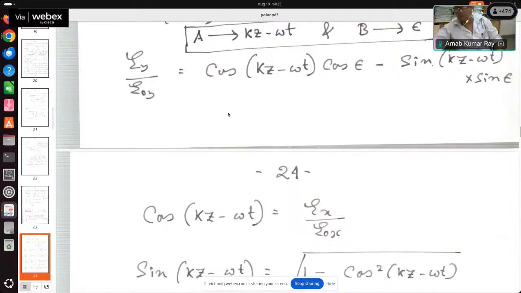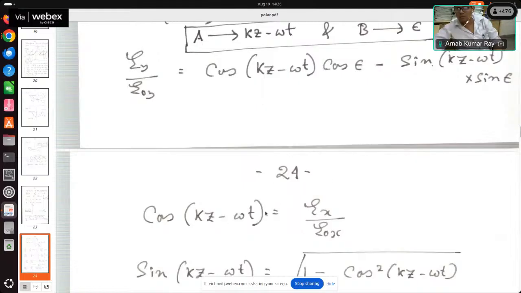So basically we have a situation where we can eliminate the phase argument, kz minus omega t, with these two equations.